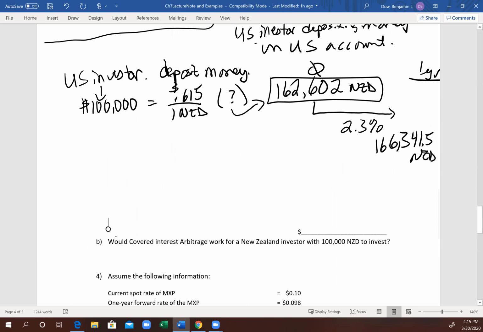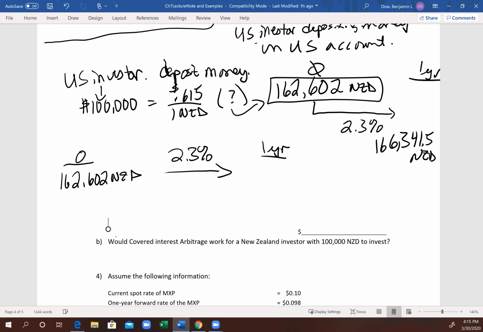We'll write it out a little bit neater. We started out with 162,602 New Zealand dollars, and 1 year later, because we earned interest at 2.3%, we're going to end up with 166,341.5 New Zealand dollars.